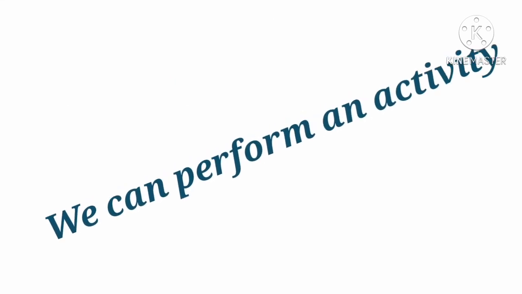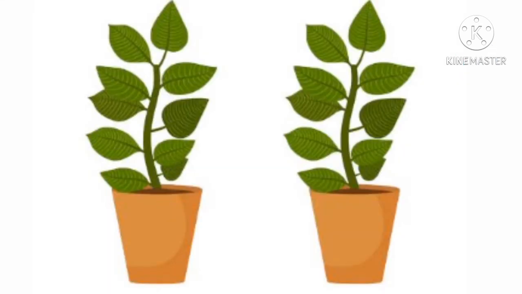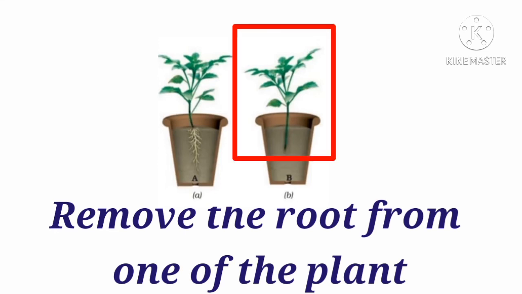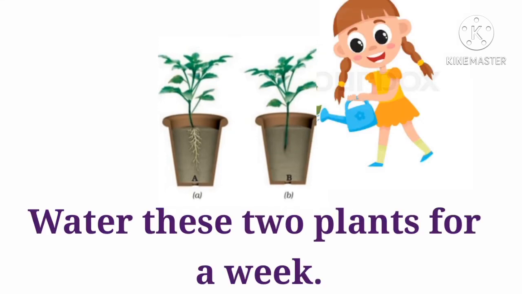To understand the functions of root, we can perform an activity. For this, we have to take two same kind of potted plants. Then, we have to remove the root from one of the plants and again plant it in the pot. Then, water these two plants for a week.